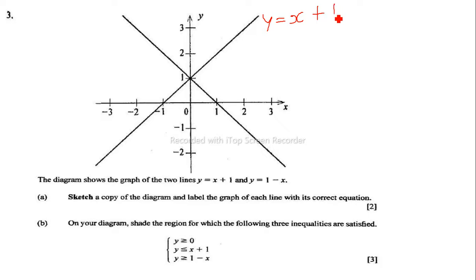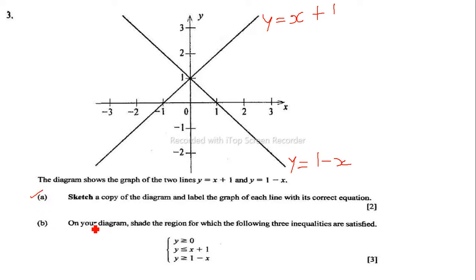Right, next we have a downward slope. So that's 1 minus x. So that's this one. So y is equal to 1 minus x. So we already sketched that.